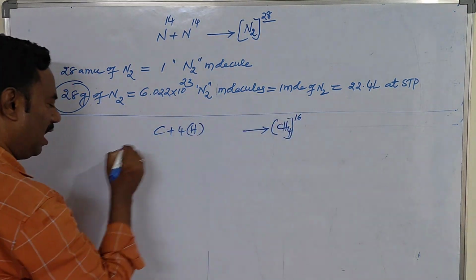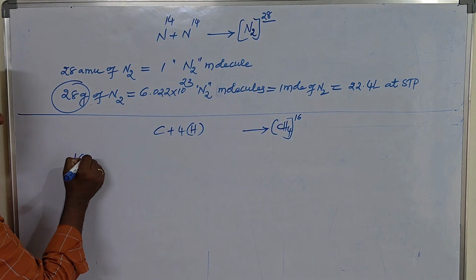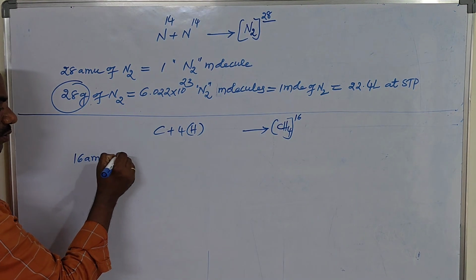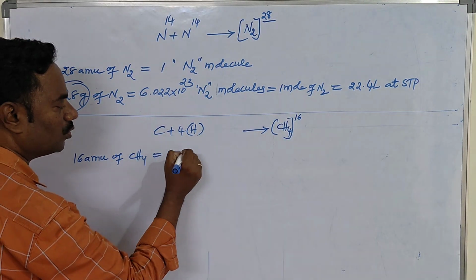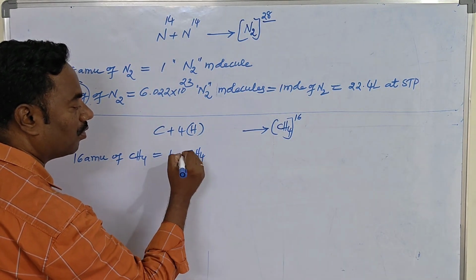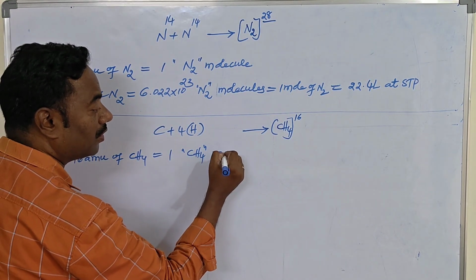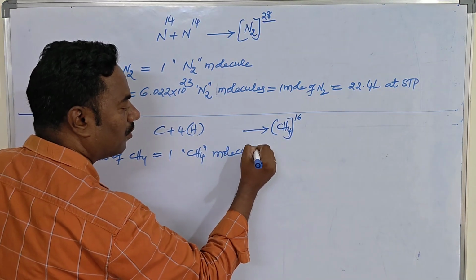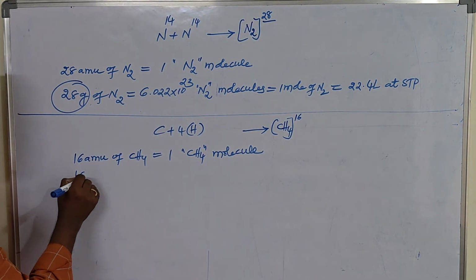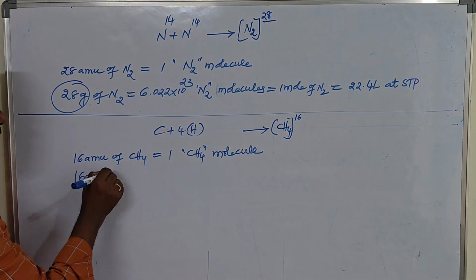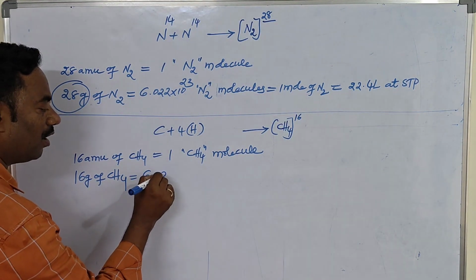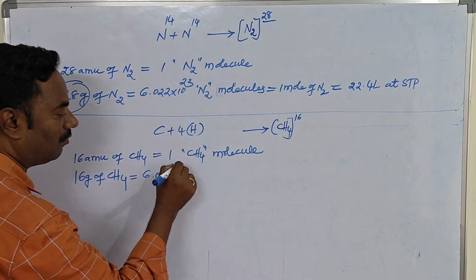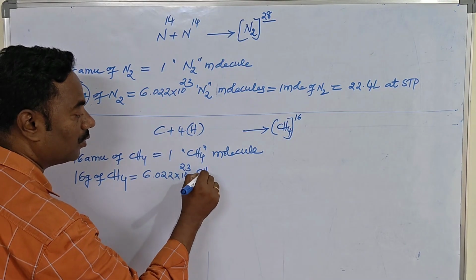Now the mass in AMU of CH4 is equals to 1 CH4 molecule. 16 grams of CH4 is equals to Avogadro number of molecules.